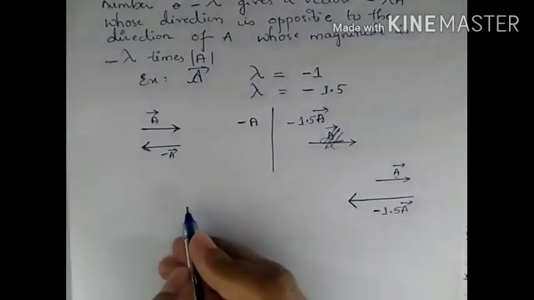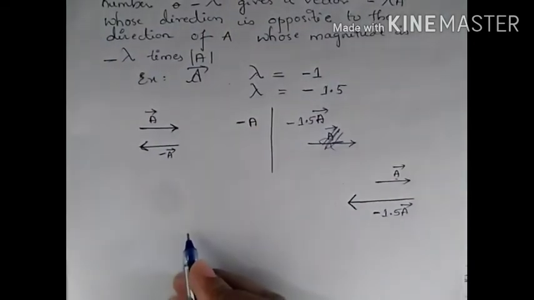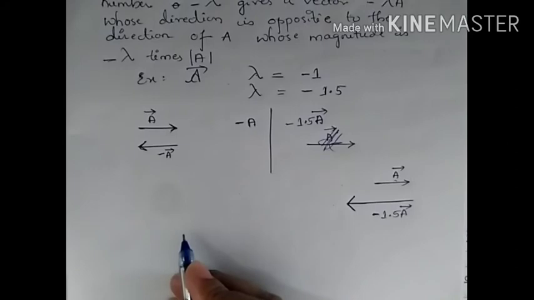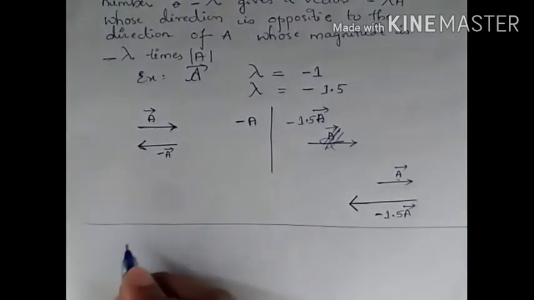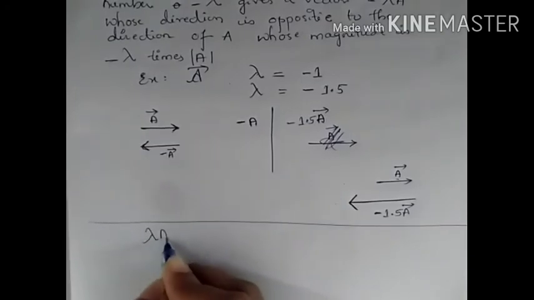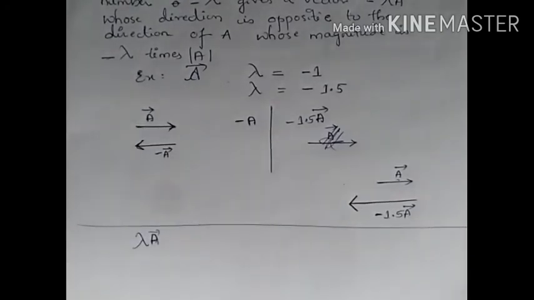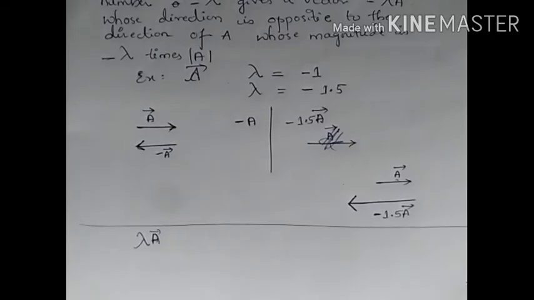So if you multiply the factor lambda with a vector A, this lambda could be a scalar having its own physical dimension.